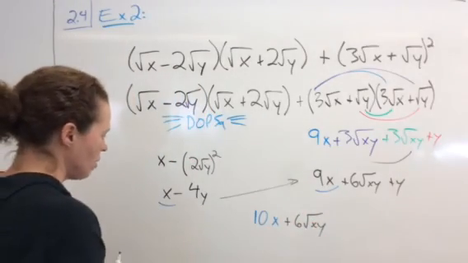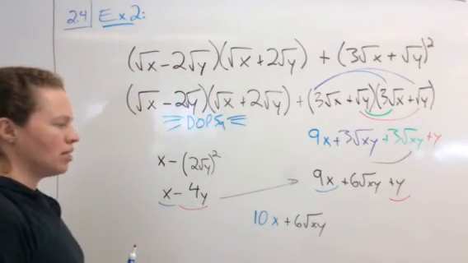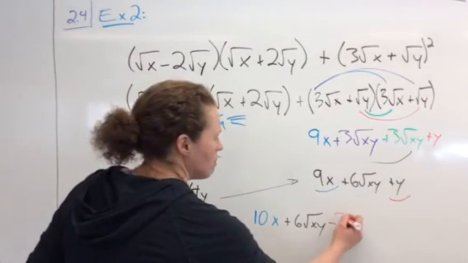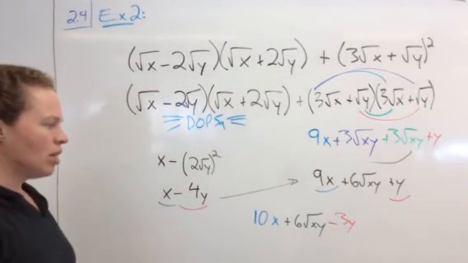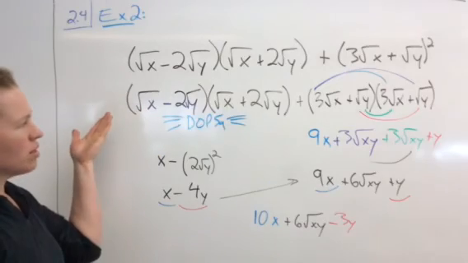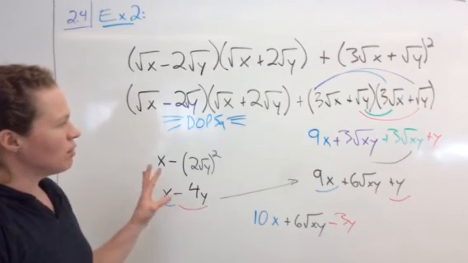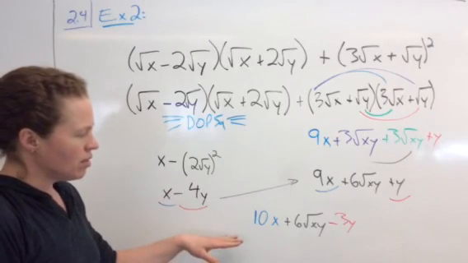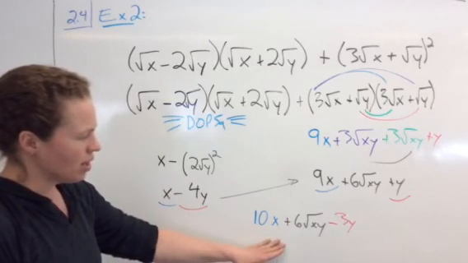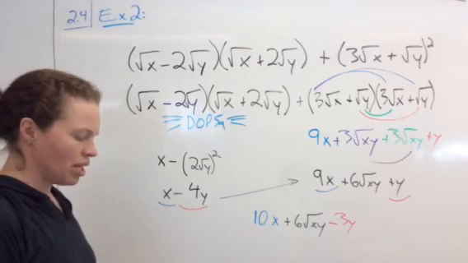But then I have negative 4y here and positive y here, and so I'm going to end up with negative 3y as my total. All of that looks really nasty, and if you were to have actually FOILed it all out, it would have been really nasty, and it's easy to make mistakes. But if you recognize the patterns and simplify as you go, then we end up with a nice tidy 10x plus 6 root xy minus 3y, and we're done.